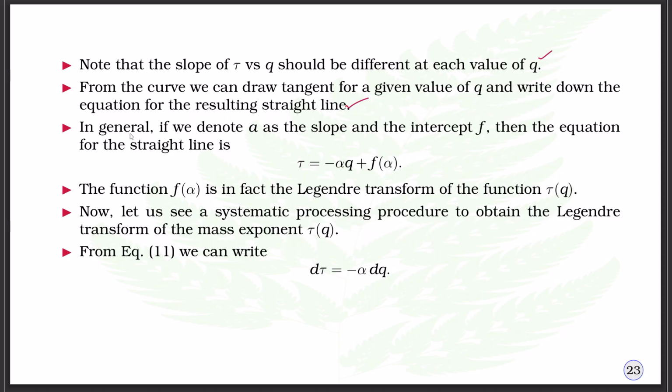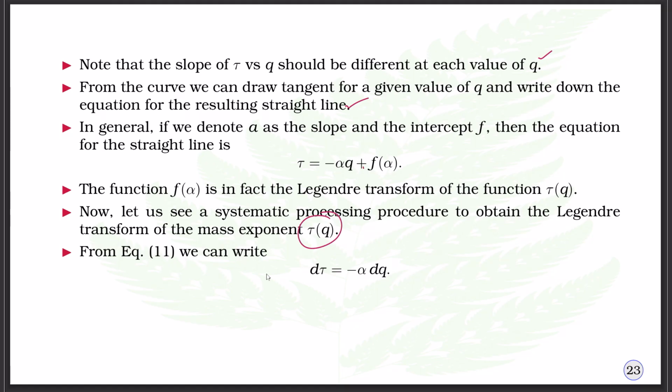In general, if we denote alpha as the slope and f as the intercept, then the equation for the line is tau equal to minus alpha times q plus f of alpha. The function f of alpha is in fact the Legendre transform of the function tau q. Now let us see a systematic procedure to obtain the Legendre transform of the mass exponents tau q.